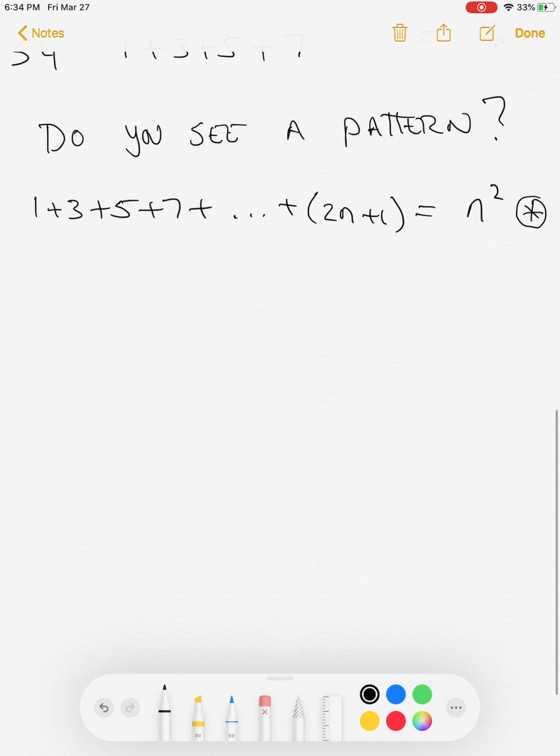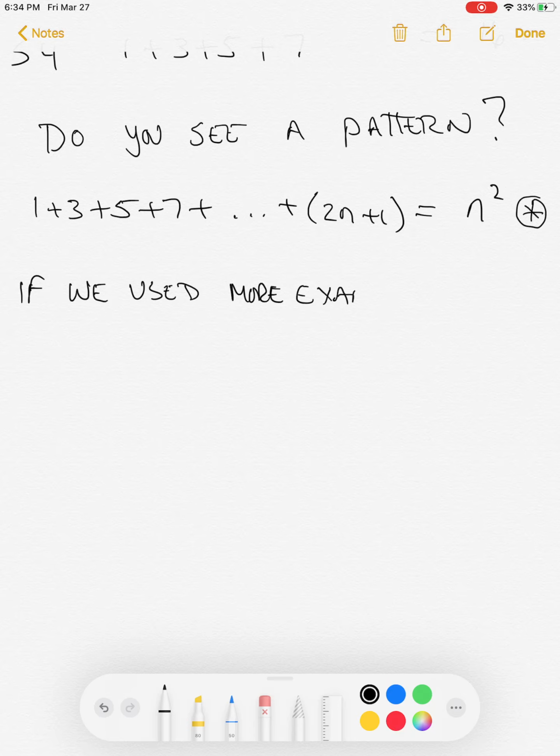But if I considered more cases, if, say, we used more examples, we could strengthen our claim.